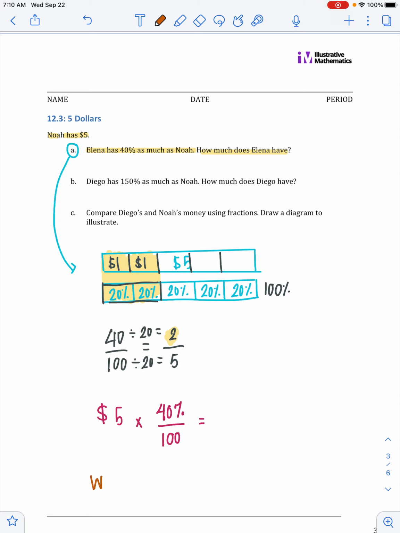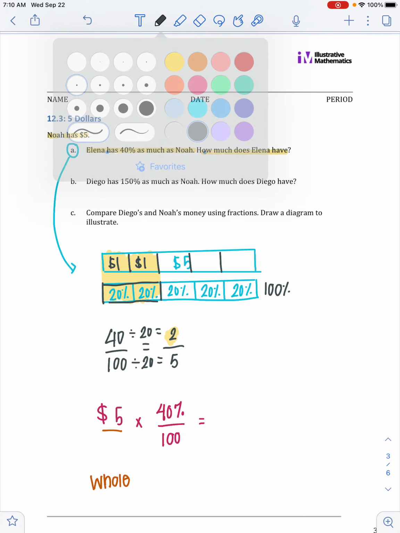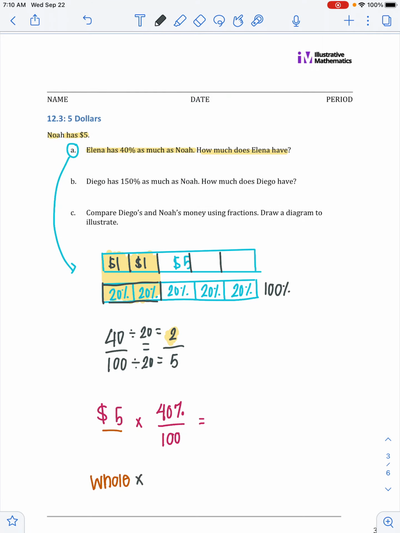When you know what your whole is, and in this case our whole is $5, you can multiply your whole times whatever you know your percent is, and in this case your percent is 40, divided by 100. And that simply converts your percentage, in this case 40, this could be any percent, doesn't have to be 40, just whatever your percentage is.